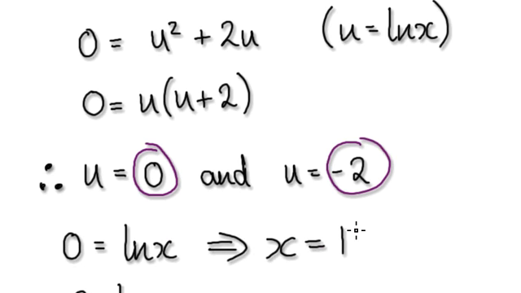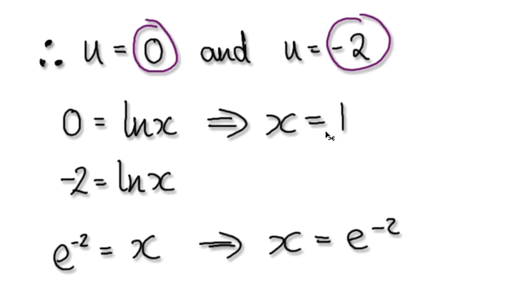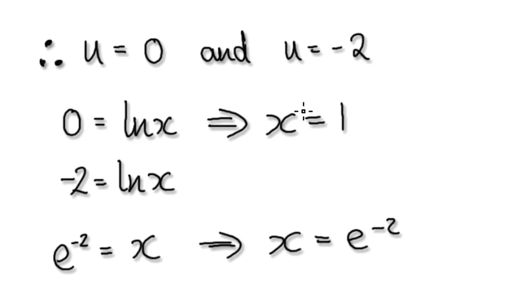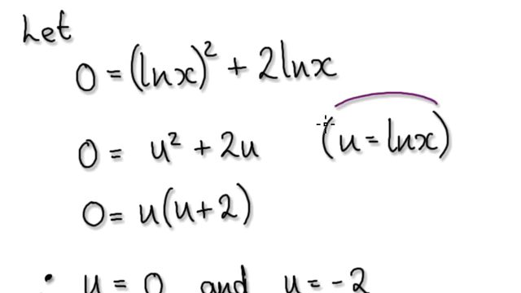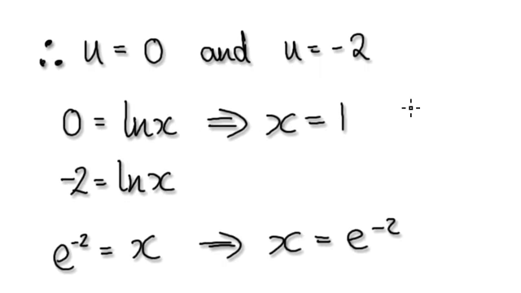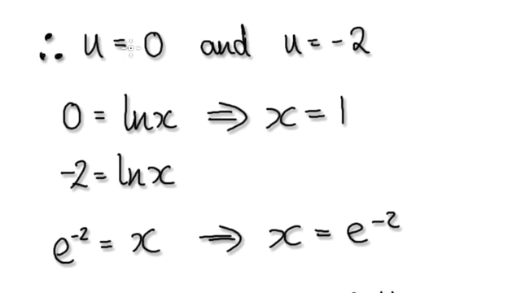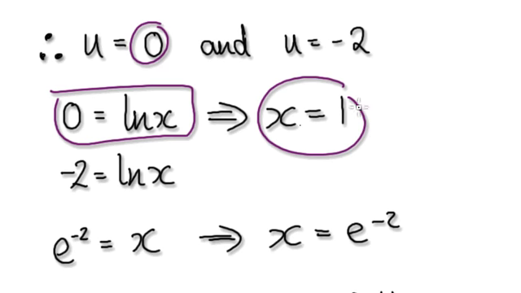Now translate it back to the x. Remember earlier we said that u equals the natural log of x. So when u equals 0, this implies that x equals 1.